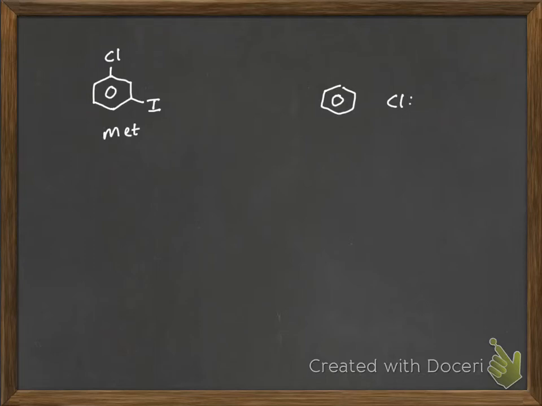This is a meta positioning. Chlorination, which is AlCl3 and Cl2, and iodination, I2 and HNO3, are the two groups that are on here. The problem we're facing is they are both ortho-para directors. And this is a meta position.